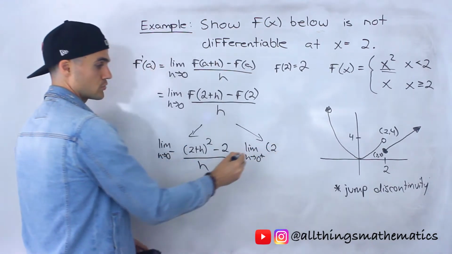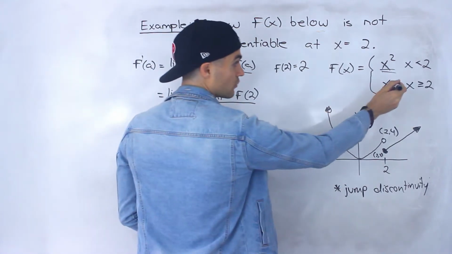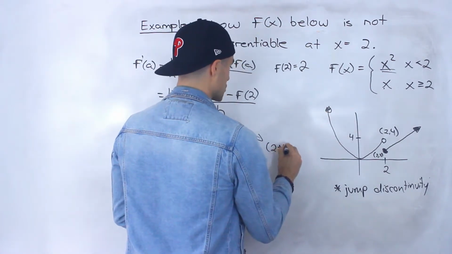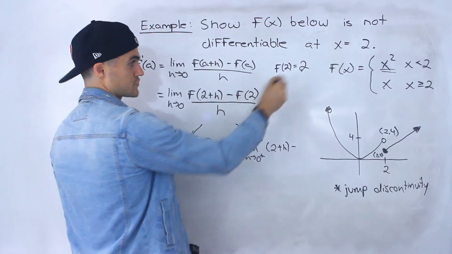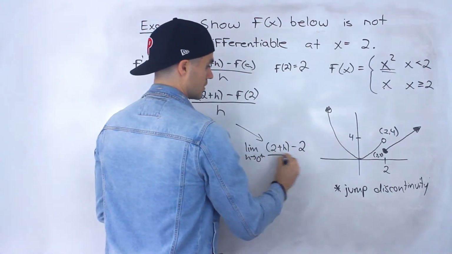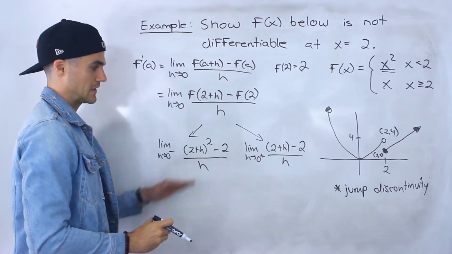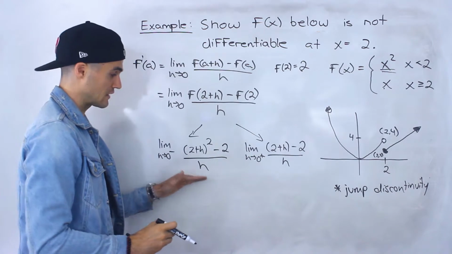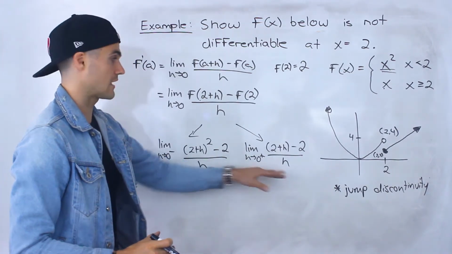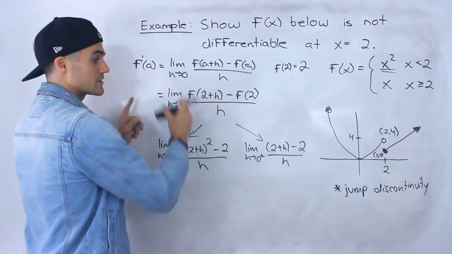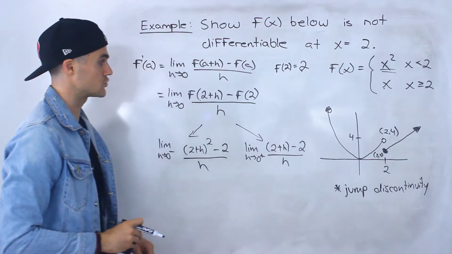And remember, as we approach 0 from the positive side, this f of 2 plus h we're plugging in for this function. So we're going to have 2 plus h minus f of 2, which is just 2. And that's going to be all over h. So we end up having these two limits here. So we've got to find out what this limit is going to be, and then what this limit is going to be, and then come back to seeing what happens with this overall limit, that definition of a derivative.